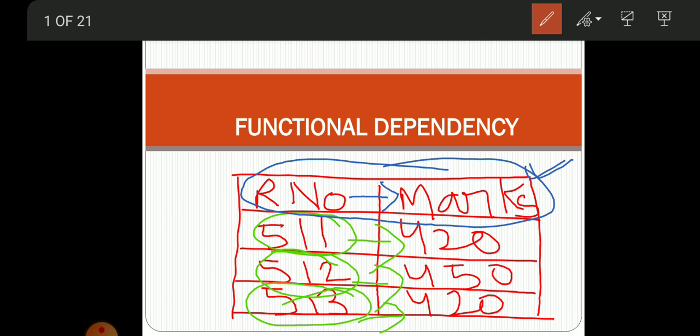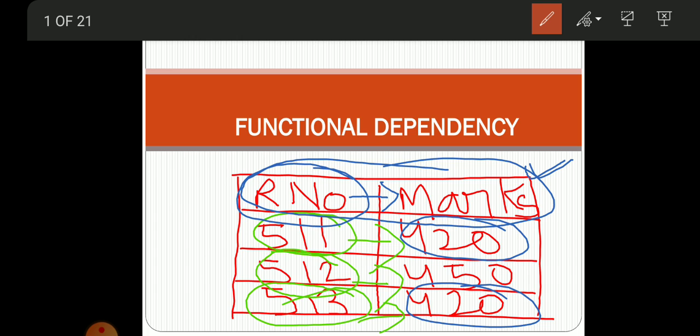There would be no problem if marks are the same, because it will happen naturally. Many students can get the same marks, right? So there would be no problem, because what we are checking is the roll number.